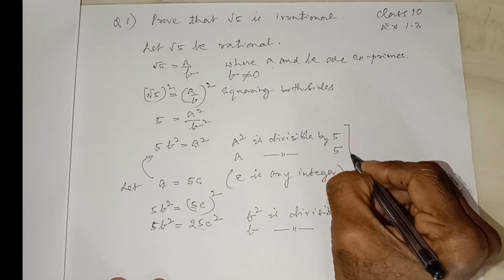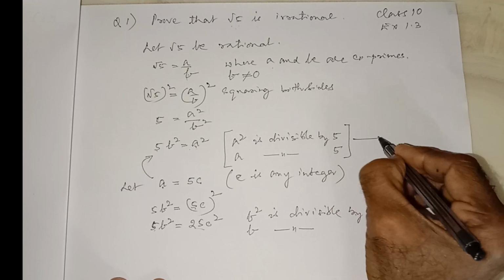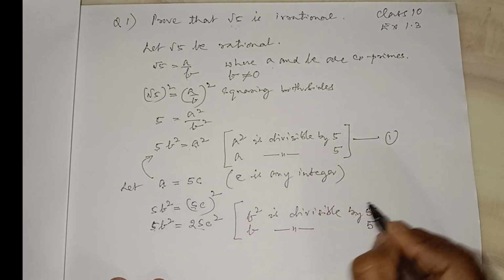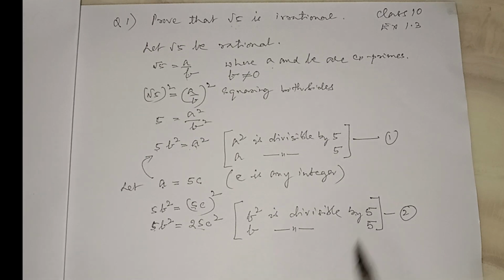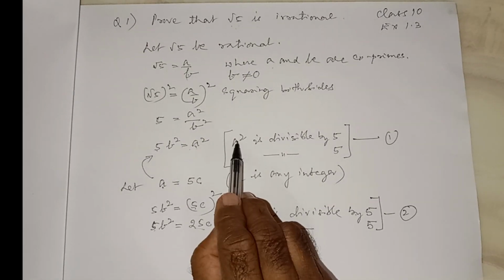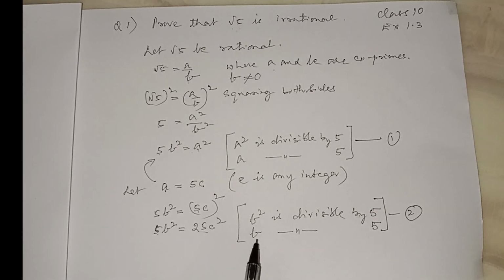I can say this as case number 1 and this as case number 2. Right? Now, we have observed that in this case a is divisible by 5, and in the second case b is divisible by 5. Now we will proceed.